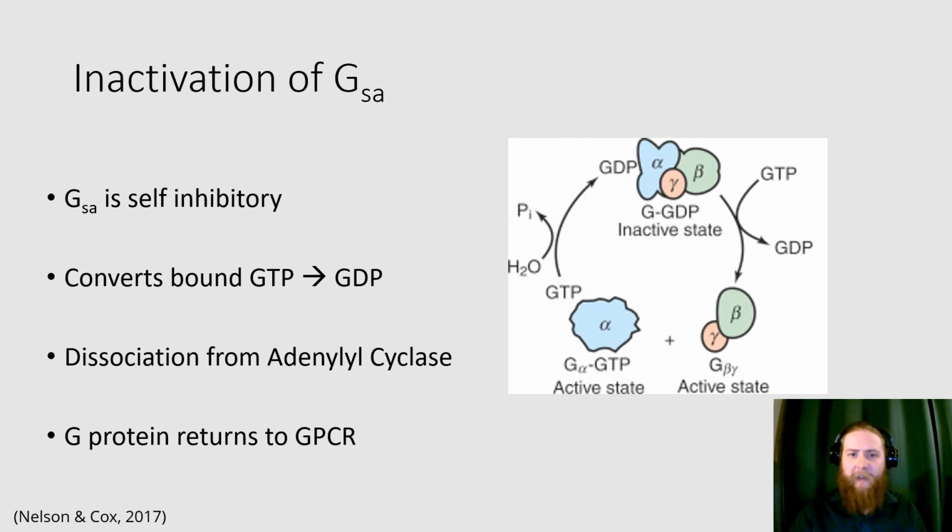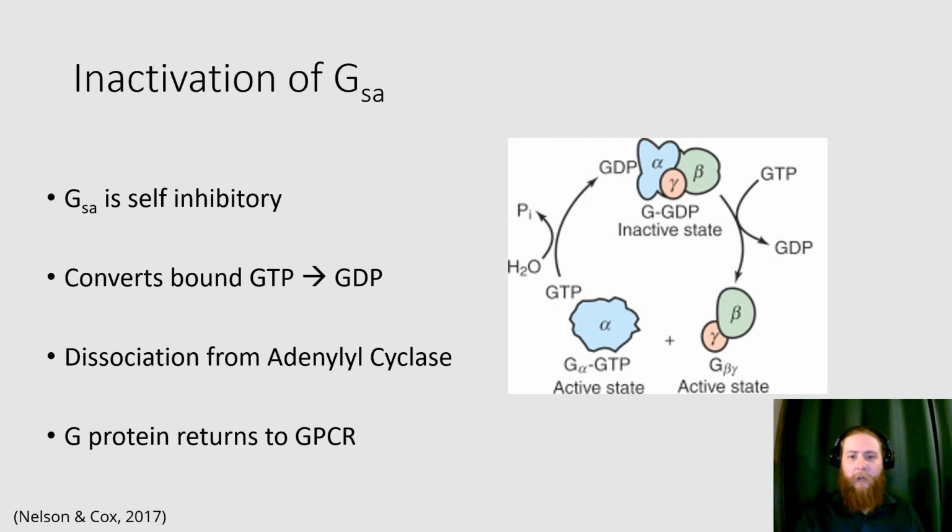So what this means is eventually it will convert this GTP back to GDP, and at this point in time, the alpha subunit will dissociate from adenyl cyclase. And then it will reconnect with the beta and gamma subunits that are nearby, and they will bind back together, and those will bind back to the GPCR, the G protein-coupled receptor, and at this point the process is able to begin again.